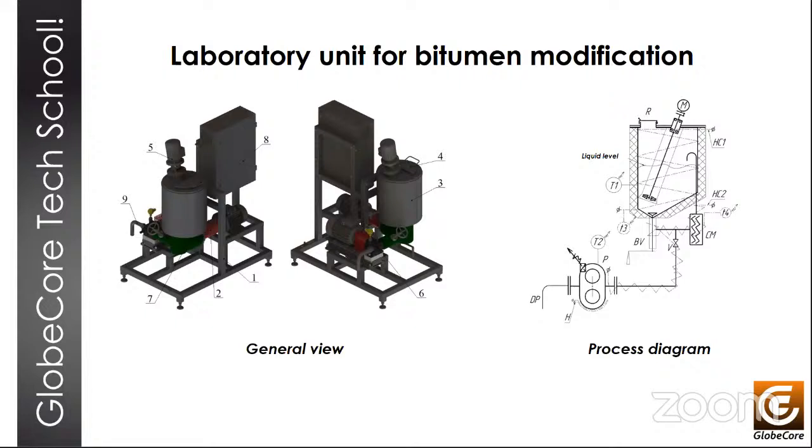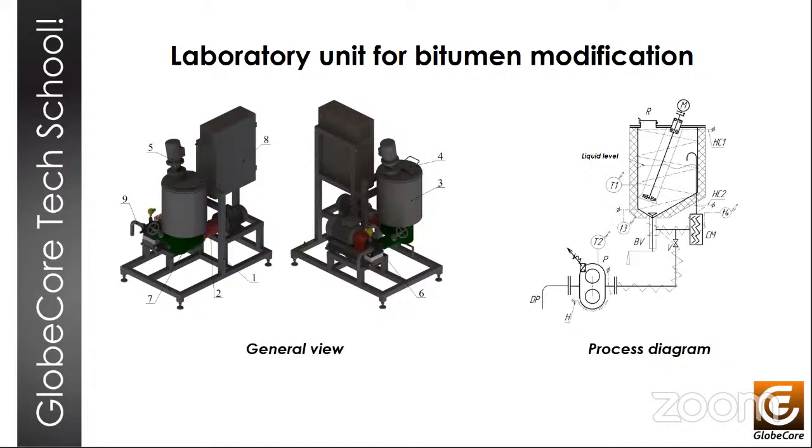Maintaining the operating temperature range of heated bitumen is ensured by heating the tank and all the pipelines with sections of heating cables and cord. Keeping the temperature of bitumen in the operating temperature range, and that is 160 to 180 centigrade, occurs with constant stirring using that mechanism labeled 5, and it's controlled automatically.